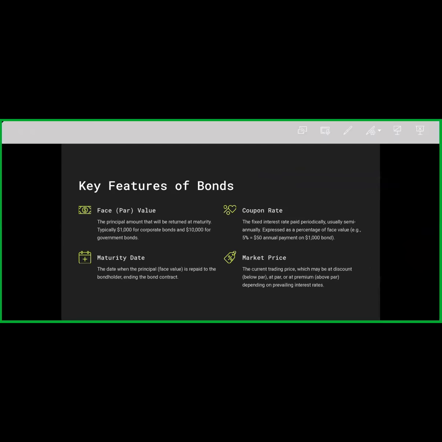So what are the key features of the bond? First feature is the face value or the par value, that means the principal amount that will be returned at the maturity. For example, my company requires 30 CR, but I issue the debentures or bond in the market of 33 CR.